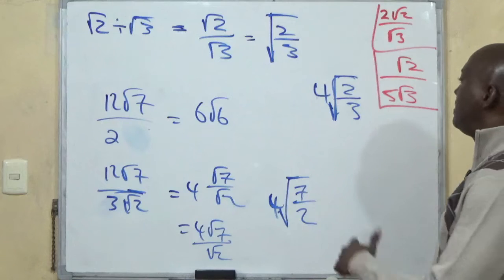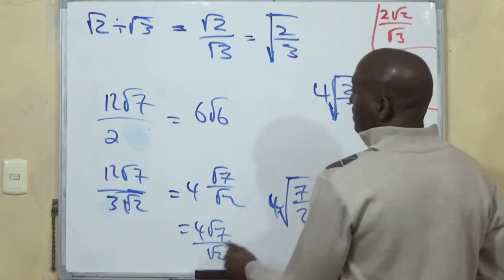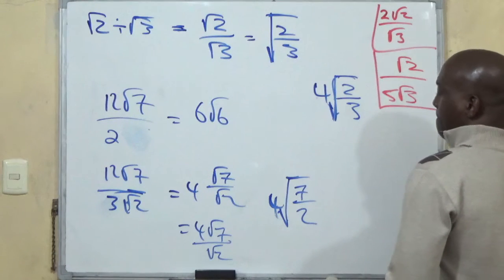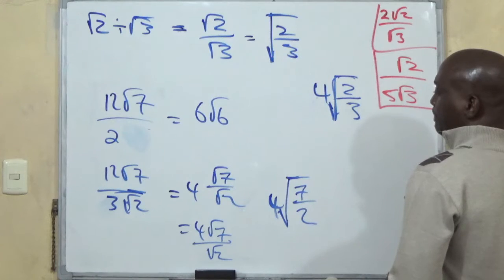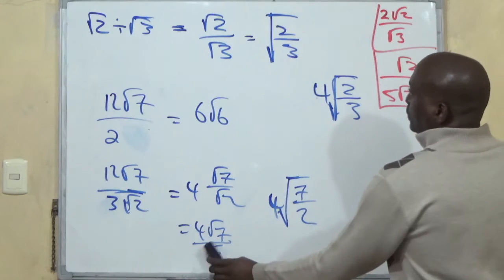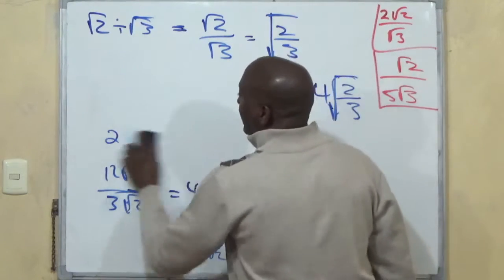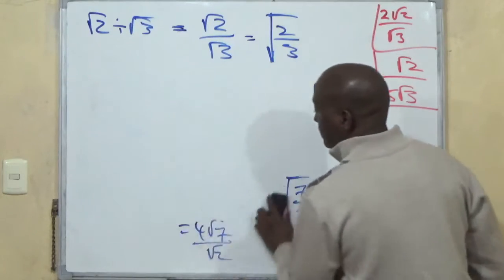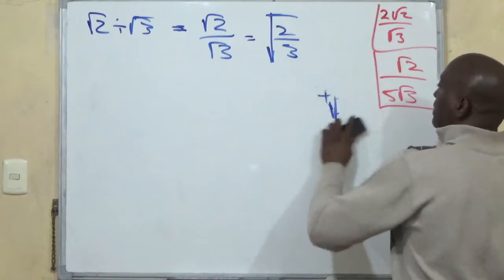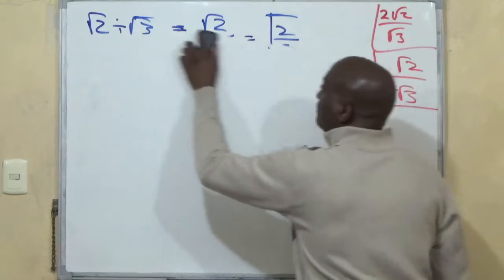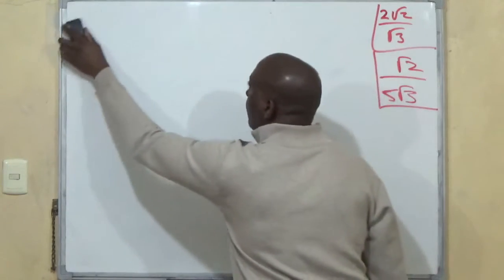Which then leads us to the other thing. Let us say that you want to have an integer divided by a simple surd, or a simple surd divided by an integer. You could do that too.